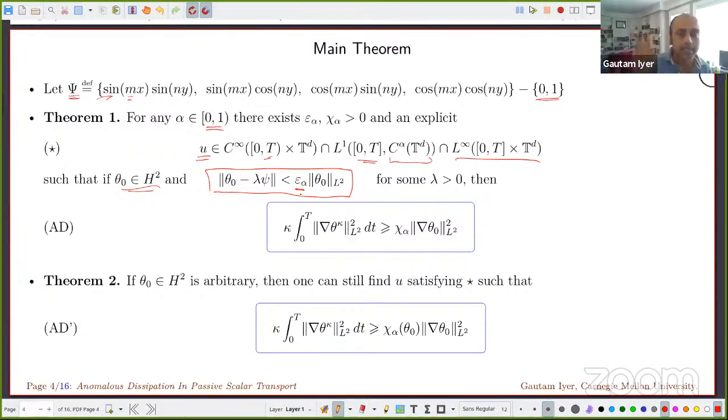It degenerates as alpha gets larger. So if I have initial data in this cone, I can find your velocity field in this regularity class that explicitly exhibits anomalous dissipation. And this constant over here, chi alpha, is independent of kappa and independent of the initial data.